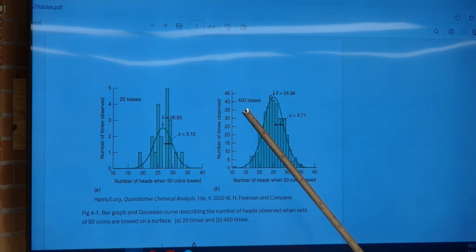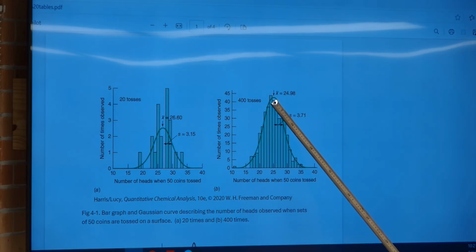If we toss 400 times, then all these bar graphs are much closer to the smooth curve. Okay, so this is a big error, but this is a much smaller error.